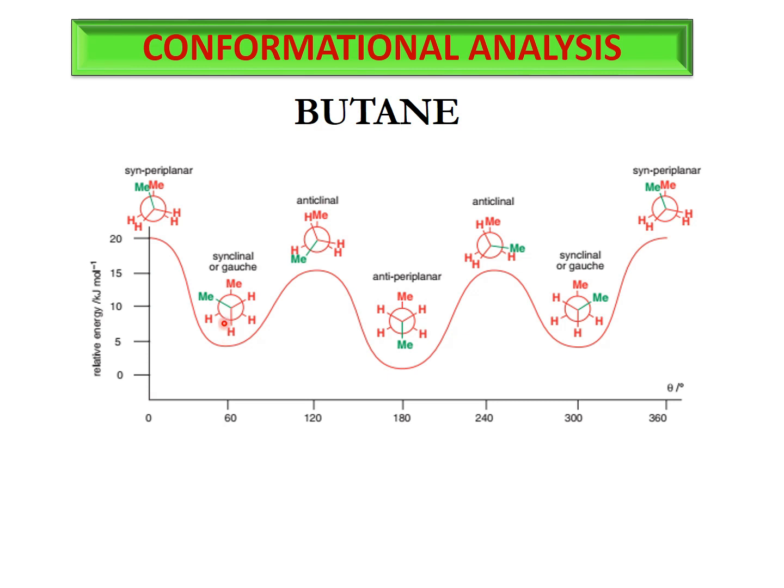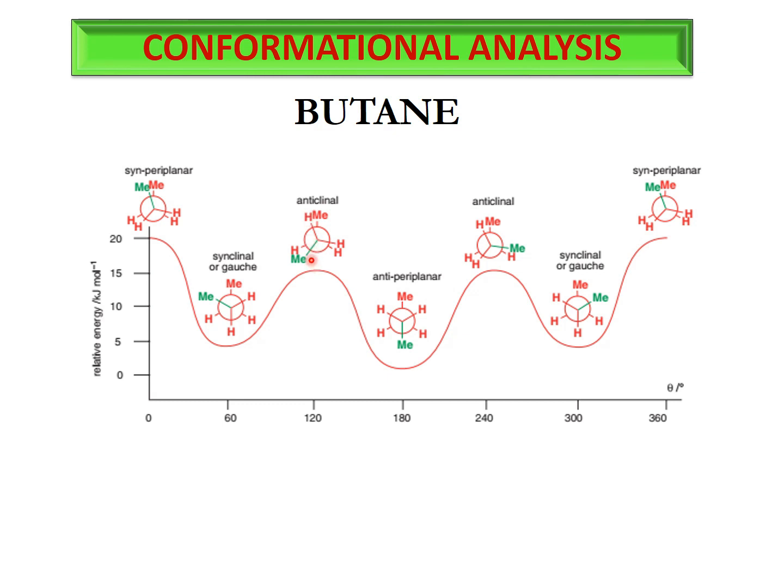And then you rotate it again through 60 degrees, you will get an eclipsed conformation, so the energy should go up. But the energy does not end up equal to the energy of the syn periplanar conformation, but it is slightly lower than this.